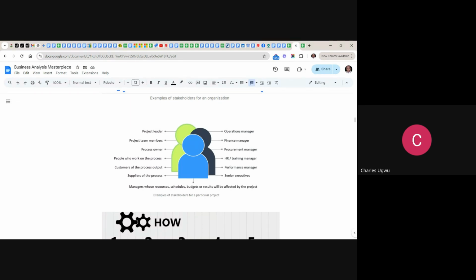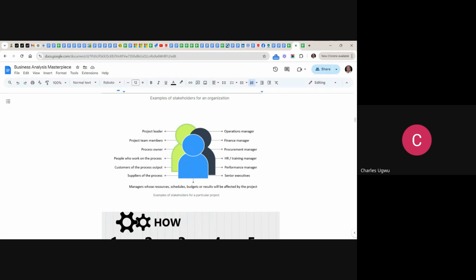These are people that work on the process on a daily basis. Like in the CRM system, we have sales reps. They use the CRM system daily to manage their leads, their accounts, their contacts, and customers' contacts.